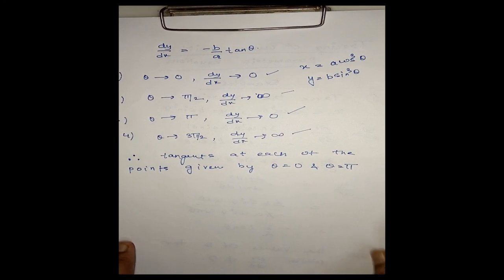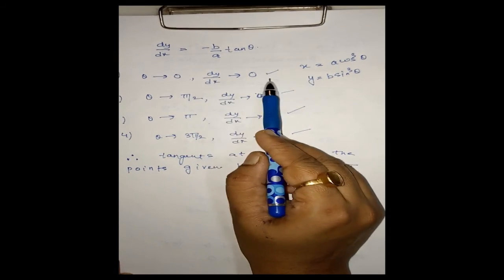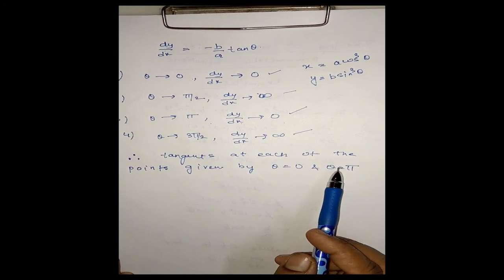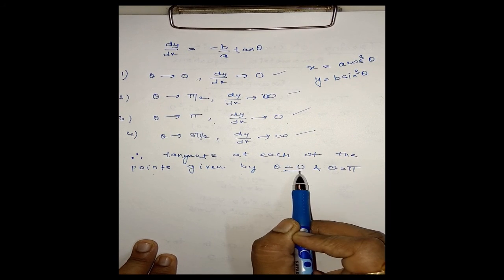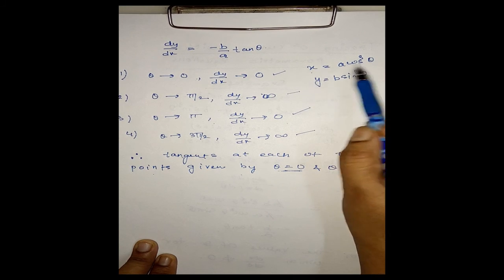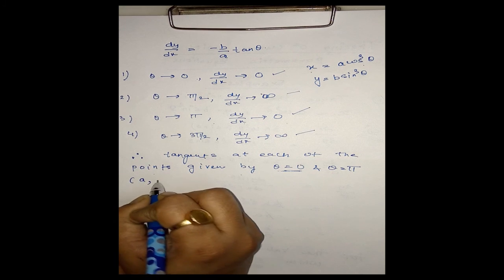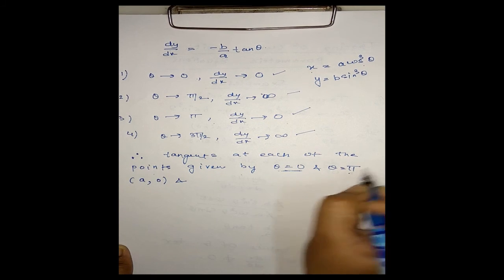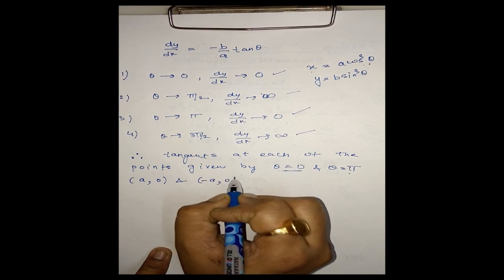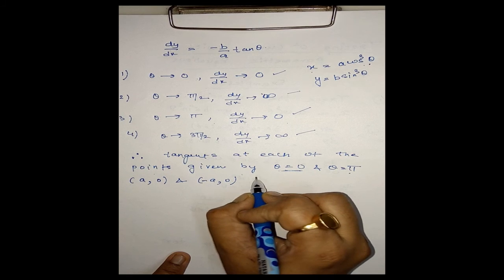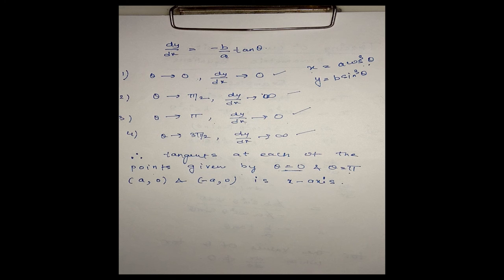Now at the points given by theta equal to 0 and theta equal to pi, dy by dx tends to 0, so tangents are parallel to the x-axis. When theta is 0, x is a, since cos 0 is 1, and y is 0, so the point is (a, 0). When theta is pi, cos is minus 1, so the point is (minus a, 0). At these two points the tangent is parallel to the x-axis.